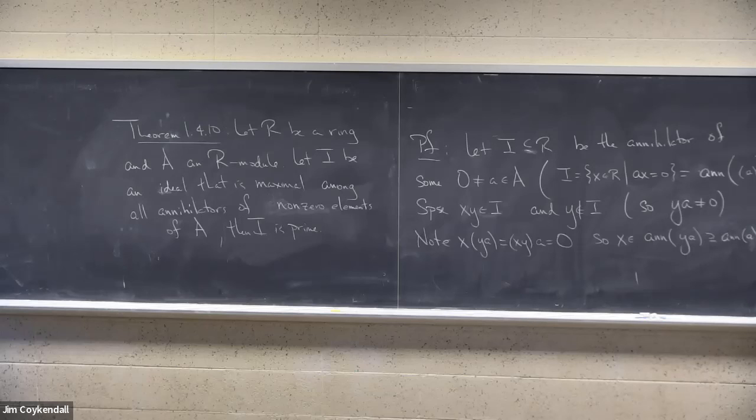Given I1 contained in I2, contained in I3, and so on, then there exists n in the natural numbers such that I_{n+k} is equal to I_n for all k in the natural numbers.